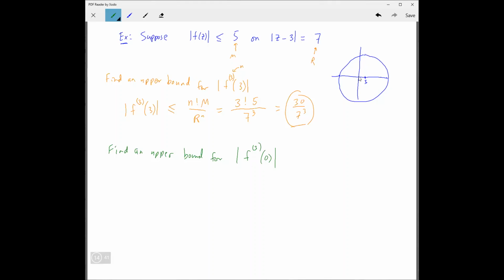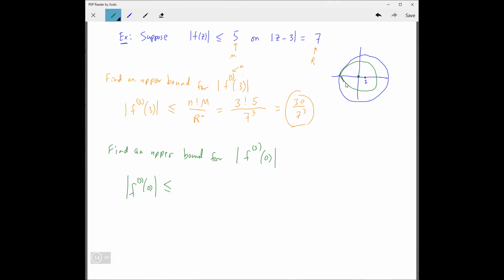So you're over here at this point. For this one, we're going to do a circle inside this big circle that's centered at 0, that's as large as possible. And that would be this one right here.